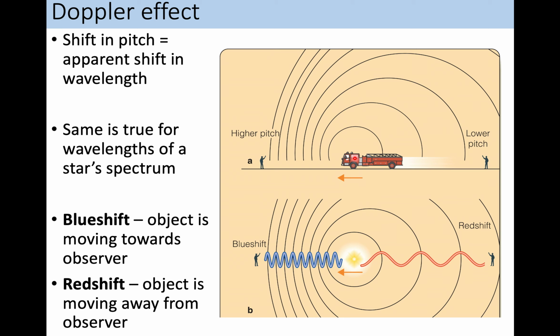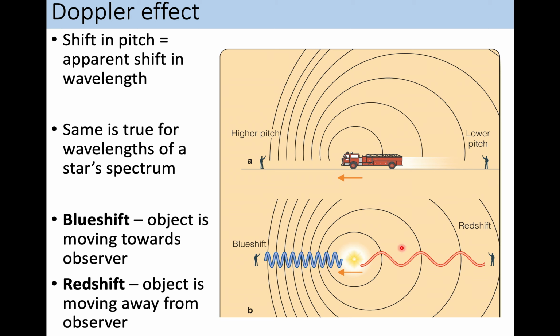The same thing happens with the wavelengths of a star's spectrum when that star moves relative to our location, or relative to the location of Earth. When an object is moving closer to us, the wavelengths are going to appear to get smaller or shift towards the blue. We call that a blue shift.